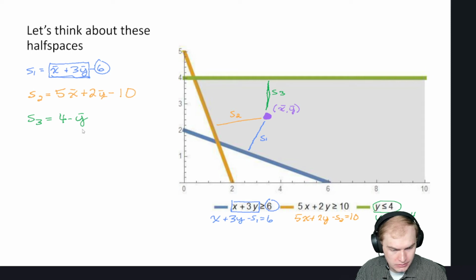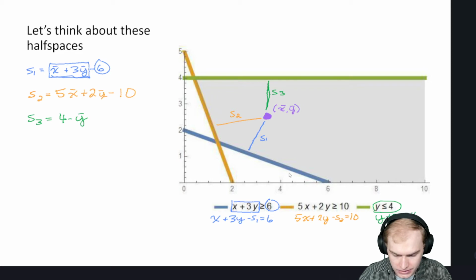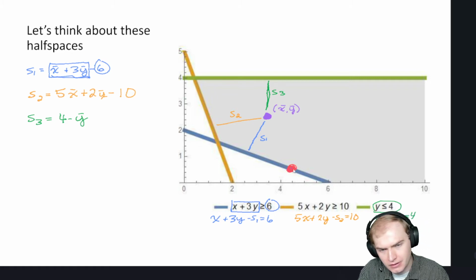So let's think about a slightly different solution. Let's pick this solution right here on this edge. I already used yellow. I'm going to use red. I'm going to pick this solution right here on the edge. Now remember that S1 is the distance between our point and the blue constraint.